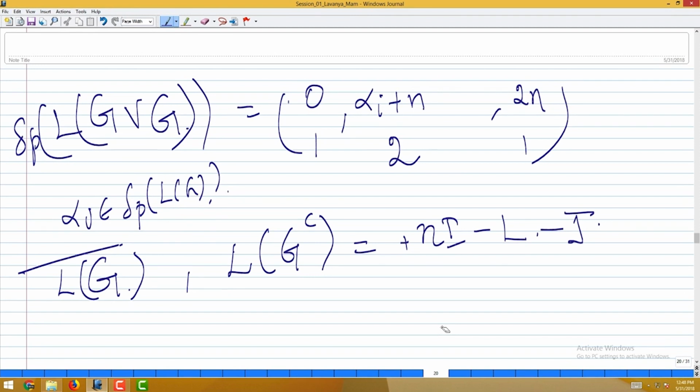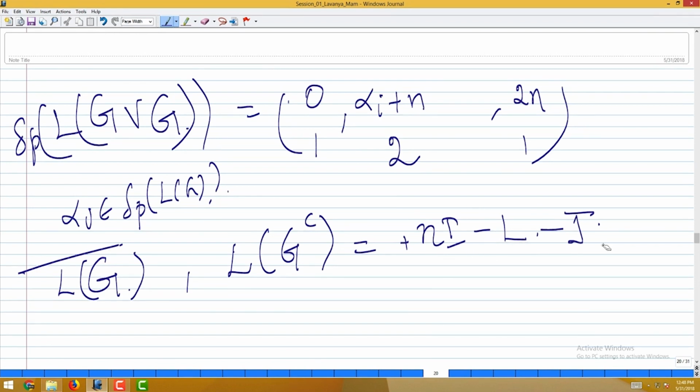This is the expression that he has given. For G complement, wherever you had 0 in L, you are going to write it as minus 1, and wherever minus 1 was there, you have to write it as 0. So for that, what should I be doing? Diagonal entries, we will talk about this part.